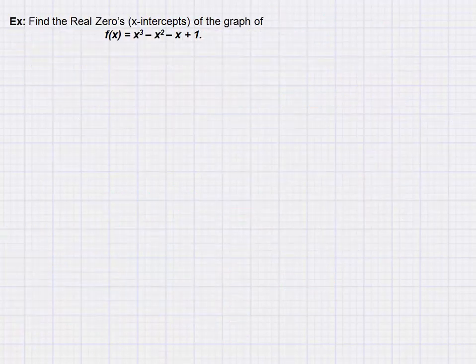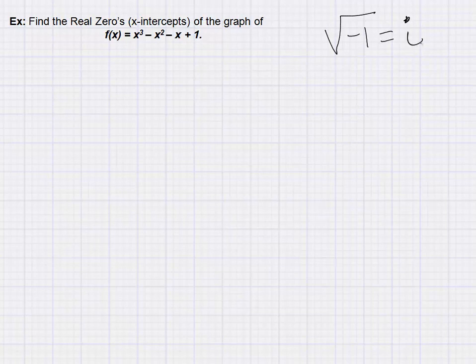So let me give you an example where you have to find the real zeros for a particular function. As far as real zeros versus zeros go, there are two types of numbers, really: real numbers and imaginary numbers, what we call complex numbers. We're going to only look at real numbers. Imaginary numbers deal with the square root of negative 1 being equal to i.